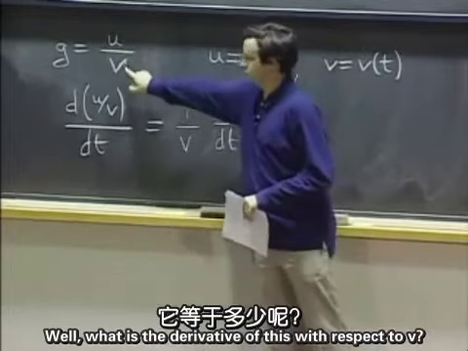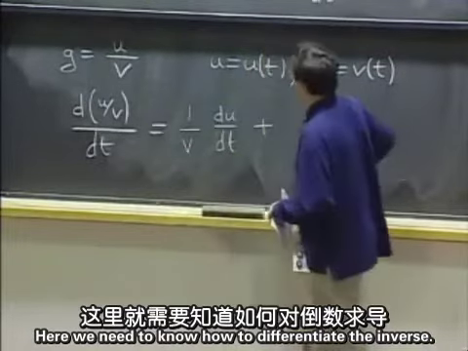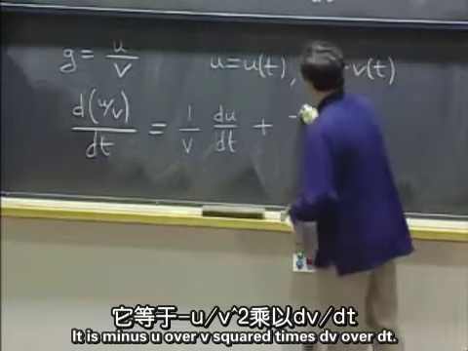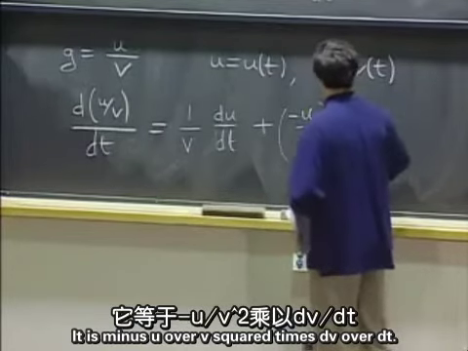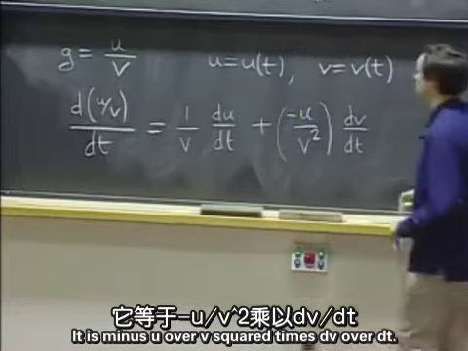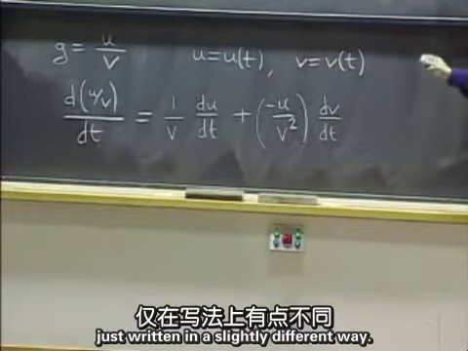Here we need to know how to differentiate the inverse. It's minus u over v squared times dv dt. Okay? And that's actually the usual quotient rule, just written in a slightly different way.